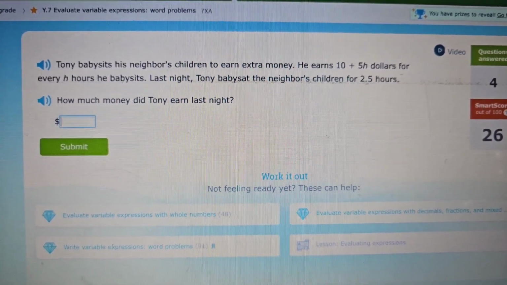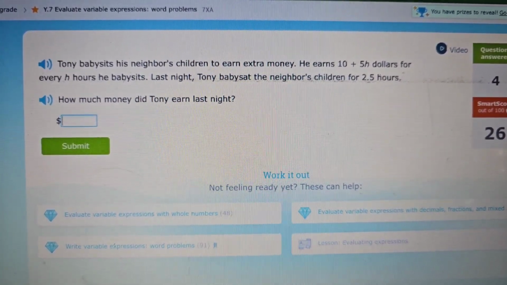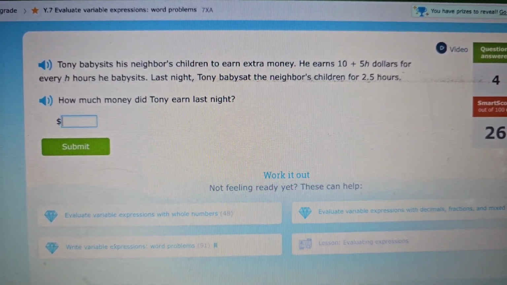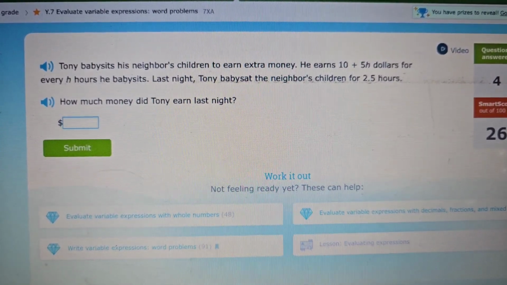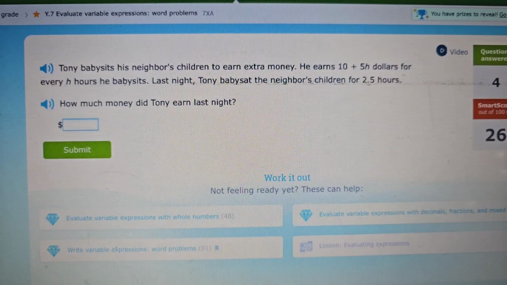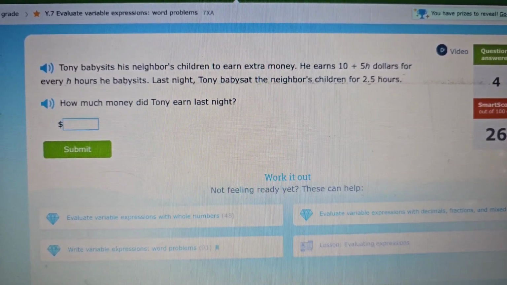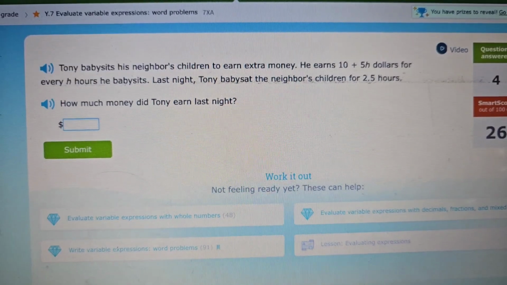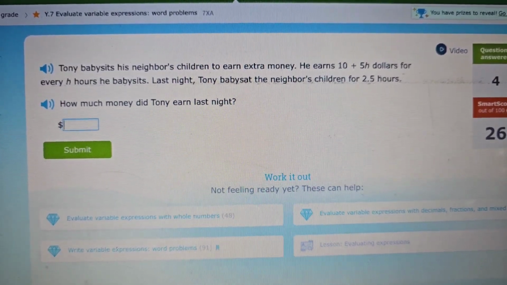So here we learn that the expression is 10 plus 5 dollars. Last night, Tony babysat the neighbor's children for 2.5 hours. How much money did Tony earn last night?